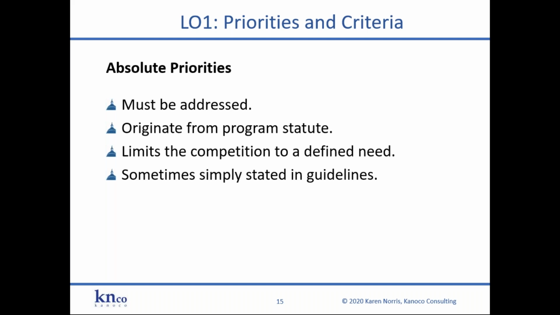And it might be, the priority of this program is to, or the purpose of this program must address. So you will see some warning language like that and go, oh, okay, this must be the priority. But it will be very simple, one sentence, easy to overlook.